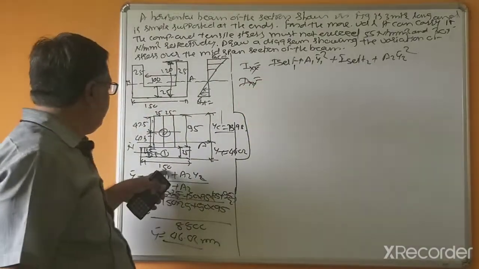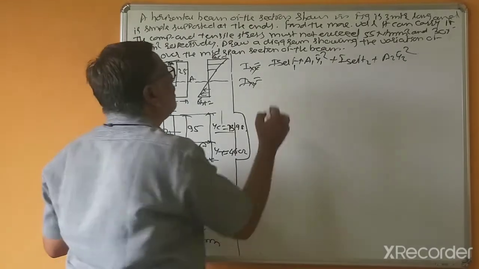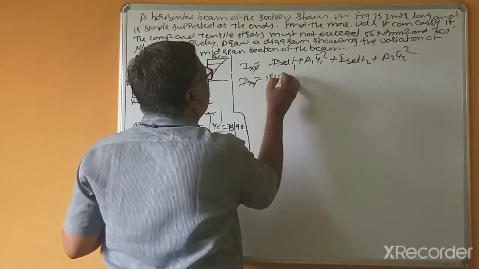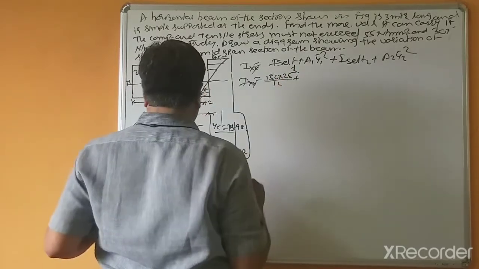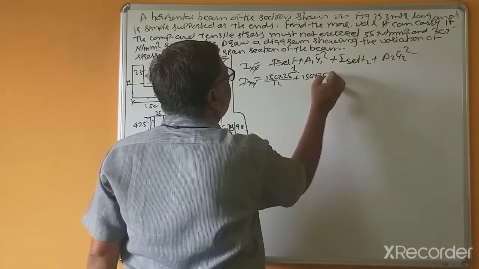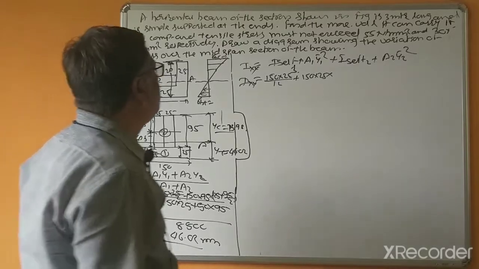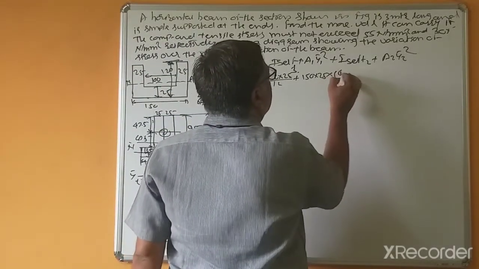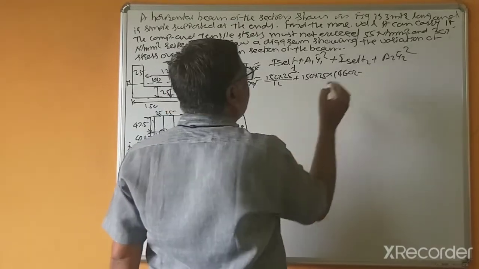First, 150 BD cube, equal to 150 into 25 cube divided by 12, plus area 150 into 25, times y1 distance, 46.02 minus 25 divided by 2.